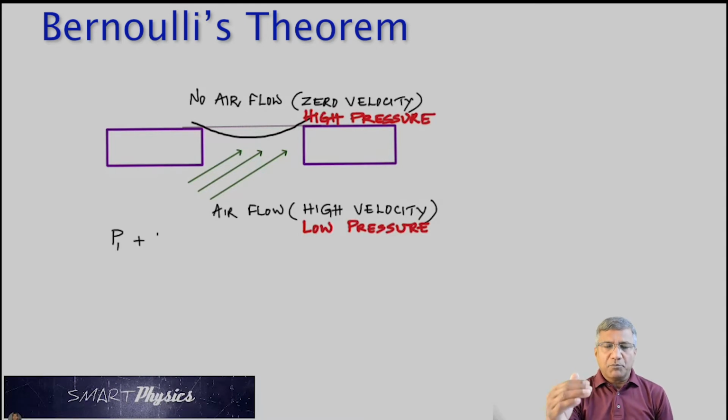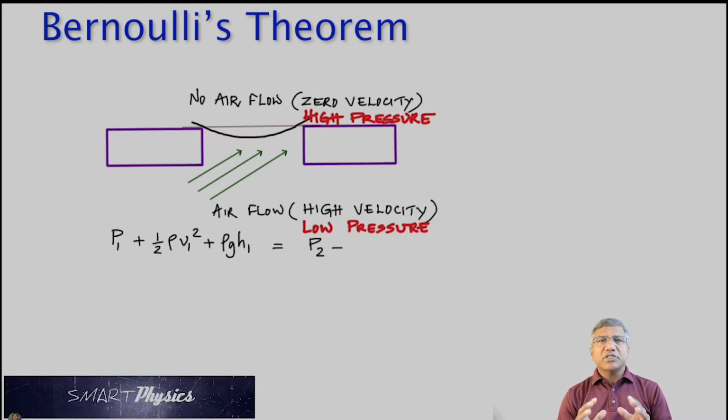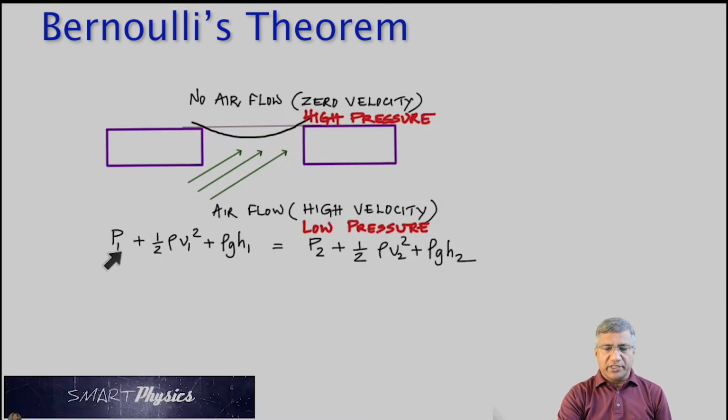So when you take the point below as 1 and take the point above the paper as 2, and you take the total energy below and above, they must be equal. That's what has come up now. In this one, the first one is the pressure energy, second one is kinetic energy, and the third is potential energy.